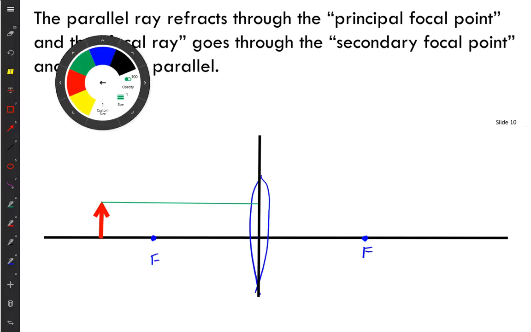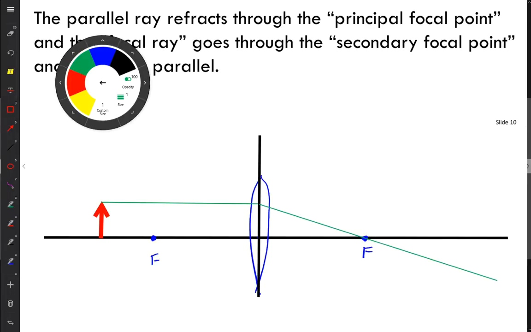By definition, it goes through the focal point. Parallel rays all go through the focal point. So that's why I started with the parallel ray. So by definition, it goes like that. Now I'm going to name this, that's the parallel ray, or the P ray.